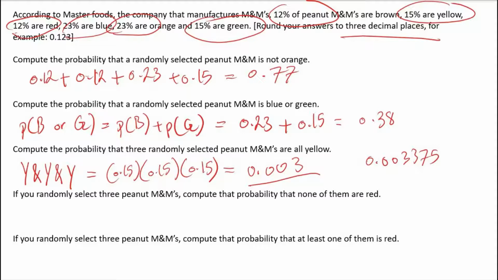Next, if you randomly select 3 peanut M&Ms, compute the probability that none of them are red. That means the first one is not red, the second one is not red, and the third one is not red.